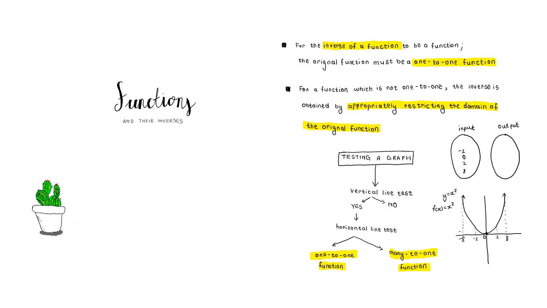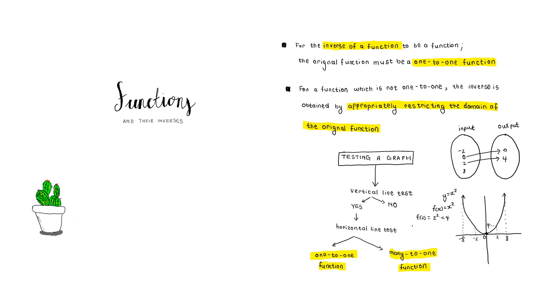Now if we use functional notation, we are able to say that f of 2 equals 2 squared, which equals 4. So when x is 2, y is 4. Over here, when x is 0, y is 0.